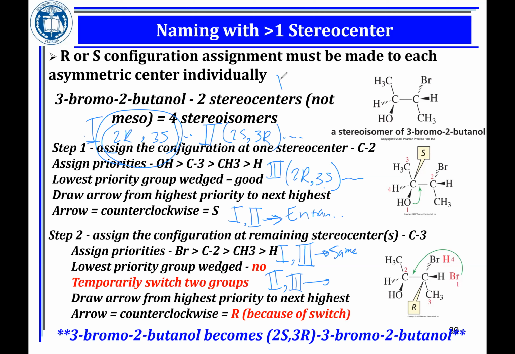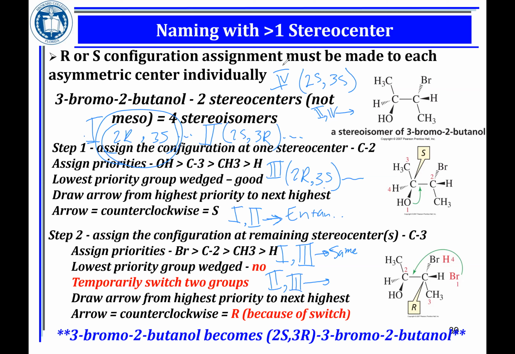And if I have compound 4, that is 2S and 3S, what would be the relationship between 2 and 4? The choices are enantiomer, same, or diastereomers. I would make them diastereomers, because they are not the same and they are not enantiomers.